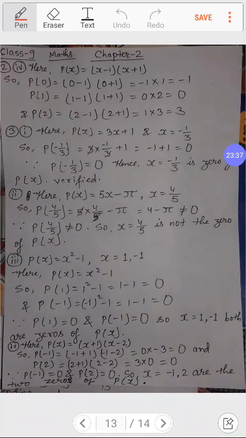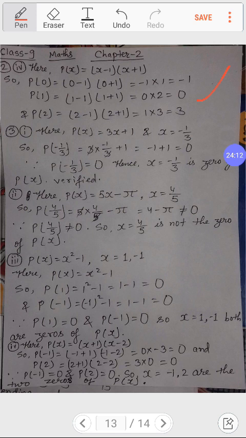Here I had taken question number 4 also. In question 4, the polynomial given was Px is equal to x minus 1 times x plus 1. So what we had done? We had kept P0. In place of x we will be keeping 0. So it becomes 0 minus 1 times 0 plus 1, that is minus 1 into 1 is minus 1, and P1 is equal to 1 minus 1 times 1 plus 1, so it is 0 into 2 is 0.